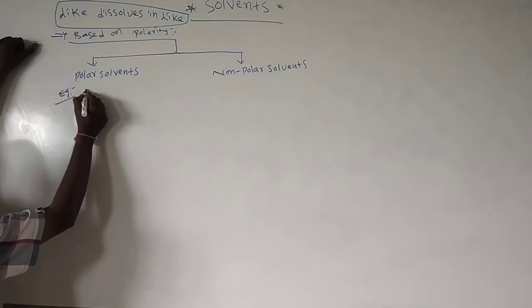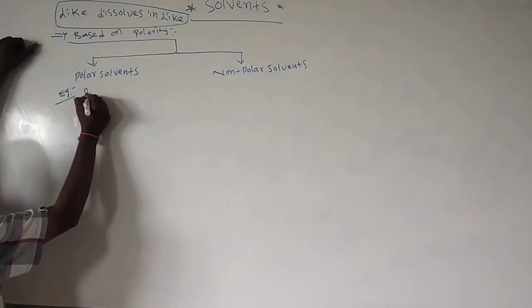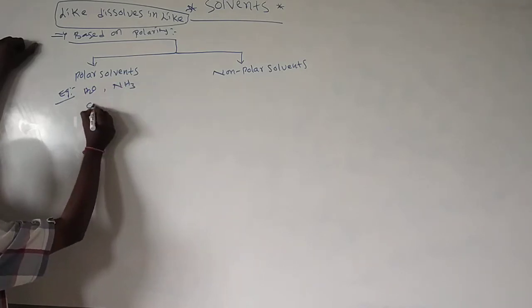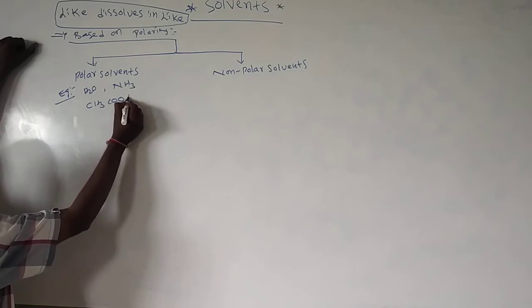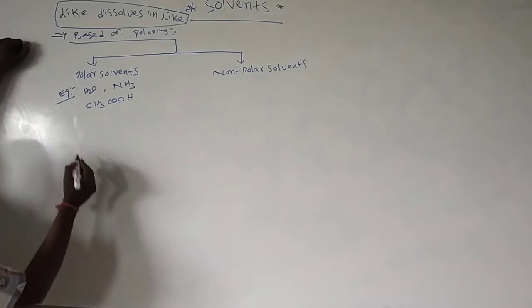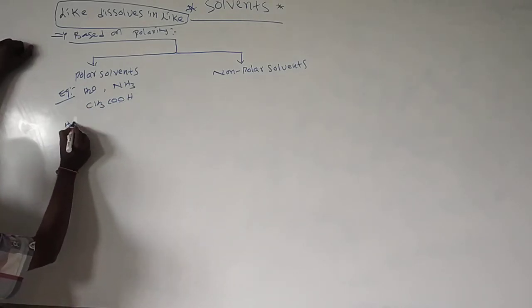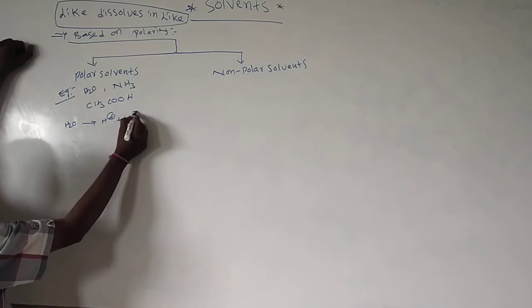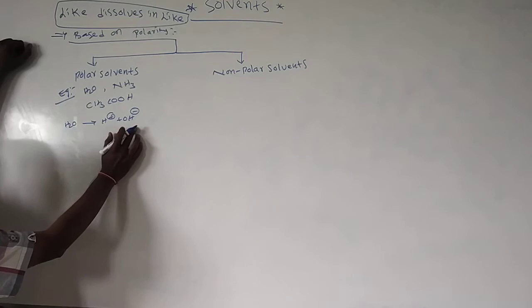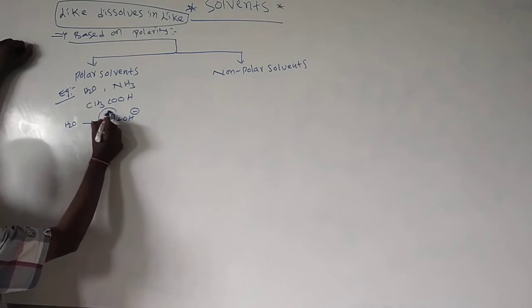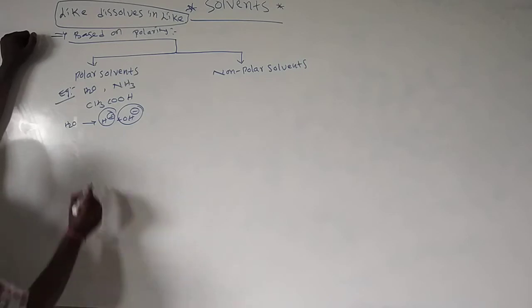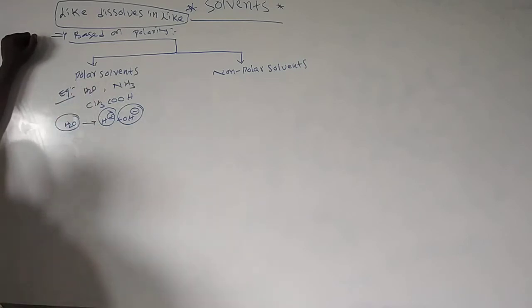Water is a polar solvent, ammonia is a polar solvent, acetic acid is also a polar solvent. Water easily dissociates into H plus and OH minus, oppositely charged two poles. This is the positive pole, this is the negative pole. Such solvents we call polar solvents.